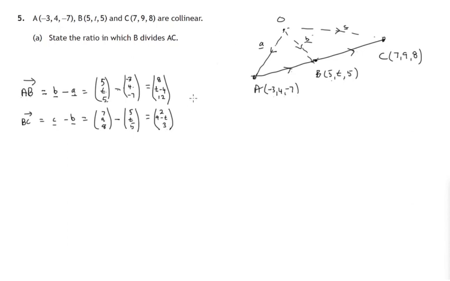Now we would immediately see in comparing the x components, 8, 2, 8 is 4 times 2, and comparing the z components, 12, 3, 12 is 4 times 3. We do know that these are collinear.